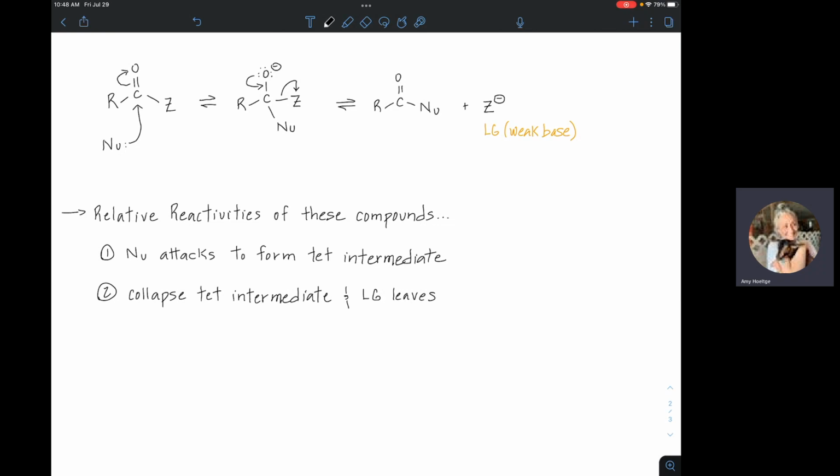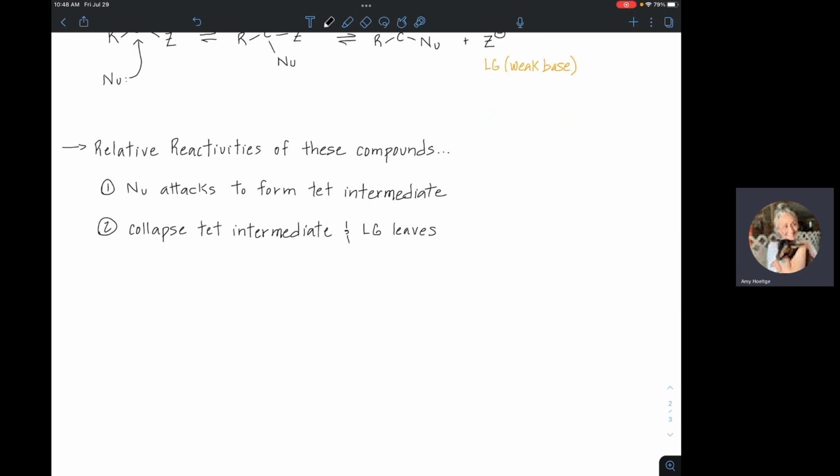The tetrahedral intermediate will then collapse and the leaving group will take off. The weaker the basicity of the leaving group, the easier it is for both steps to occur. So in other words, we can judge the reactivity of these particular carboxylic acids and their derivatives by comparing the basicities of the leaving groups.